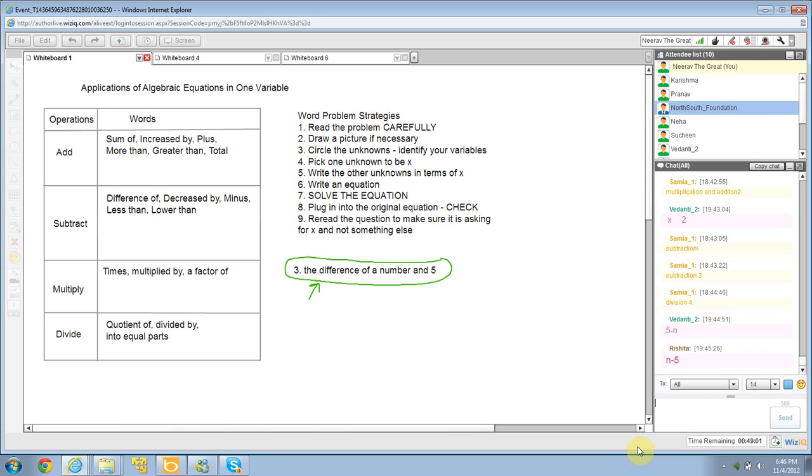It should look like, for example, if I have the words 3 plus 5, I would write it as 3 plus 5. Or if I have 3 plus a number, I would write it as 3 plus a number. So I want you guys to write this in a form like this.